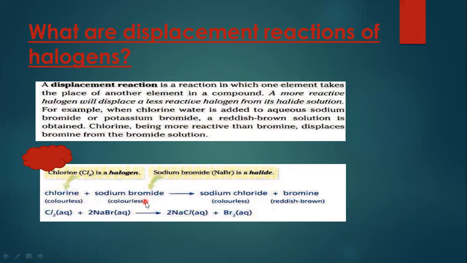Chlorine plus sodium bromide forms sodium chloride plus bromine. So when chlorine, Cl2, chlorine water, reacts with sodium bromide solution, this chlorine displaces bromine from the sodium bromide and it converts into sodium chloride.